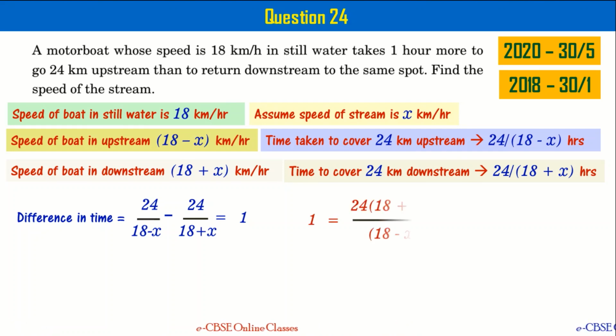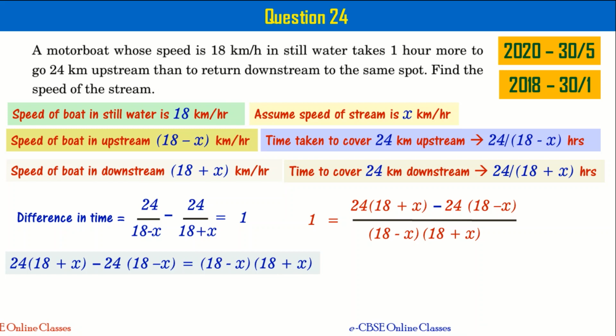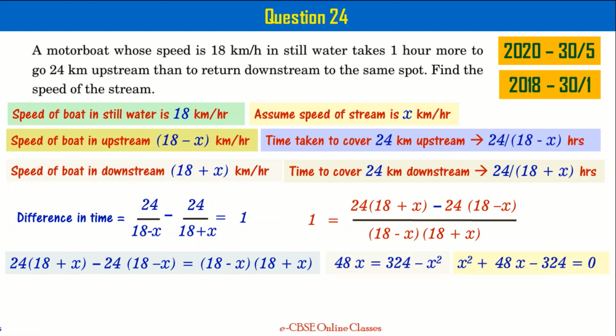This particular equation can be rearranged and written as shown here. You can further rearrange and write it as 24 times 18 plus x minus 24 times 18 minus x equal to 18 minus x times 18 plus x. When you simplify it, you get a quadratic equation, that is x square plus 48x minus 324 equal to 0. One can solve this equation using any of the methods we have discussed in this video.